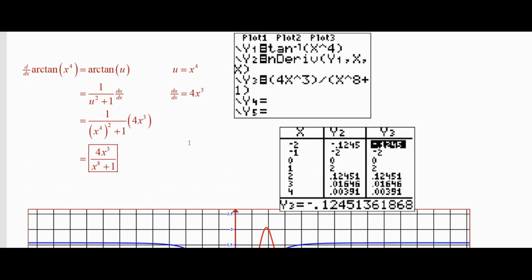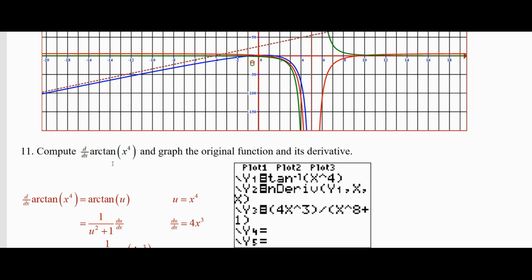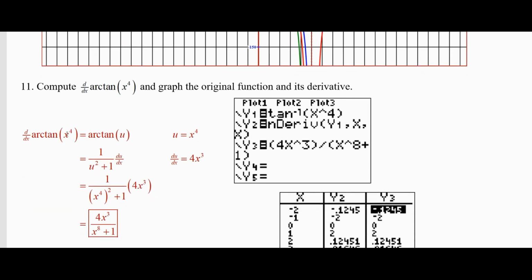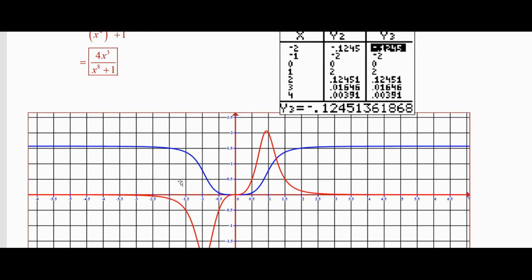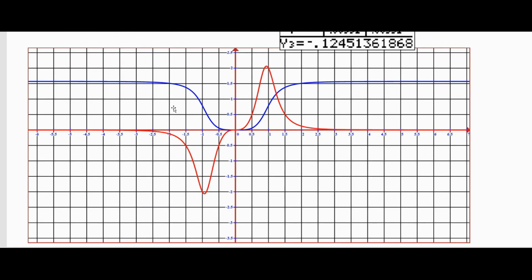You might notice something also that's interesting. The original function is actually an even function. Because of the fourth power here, that makes it an even function, so it has y-axis symmetry, which means its derivative is going to be an odd function. It has origin symmetry, which you can see here as well.